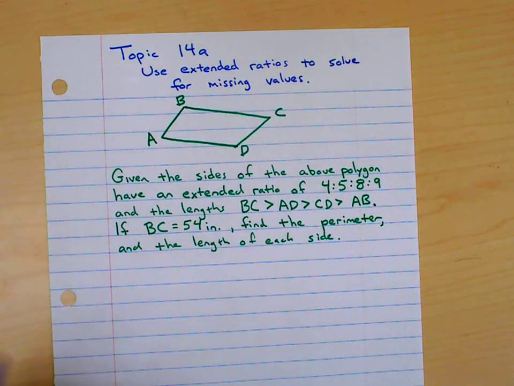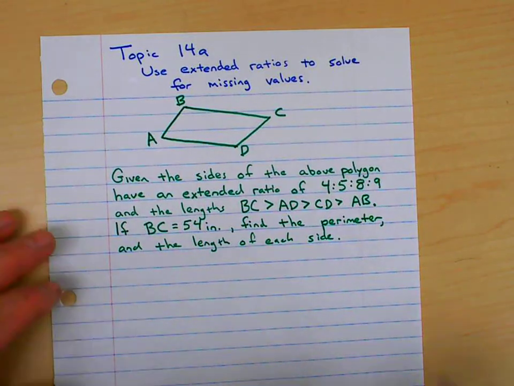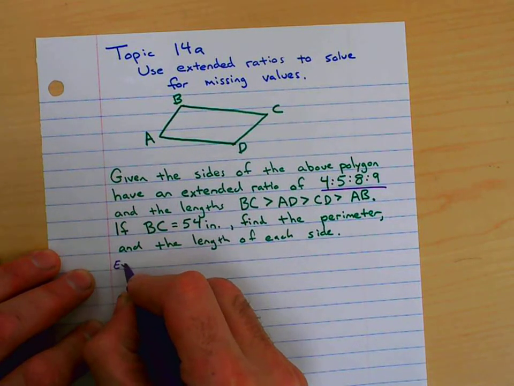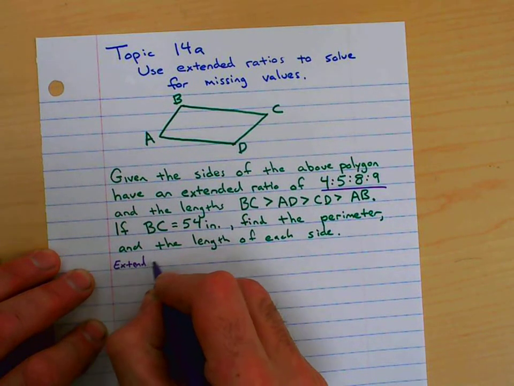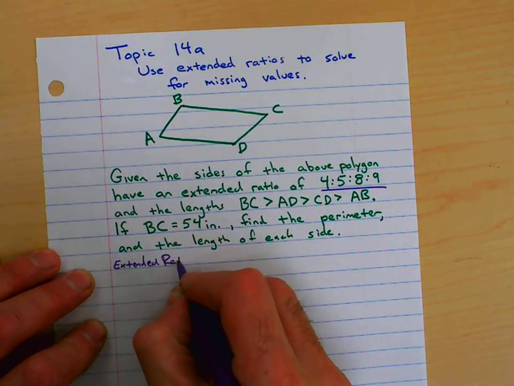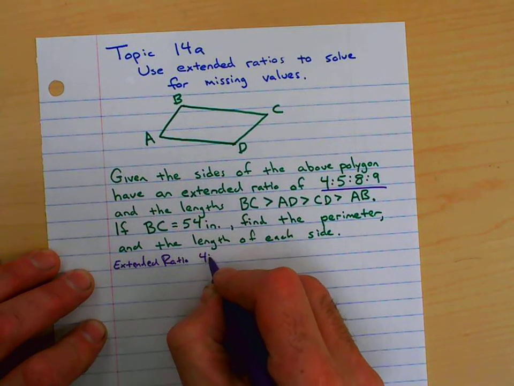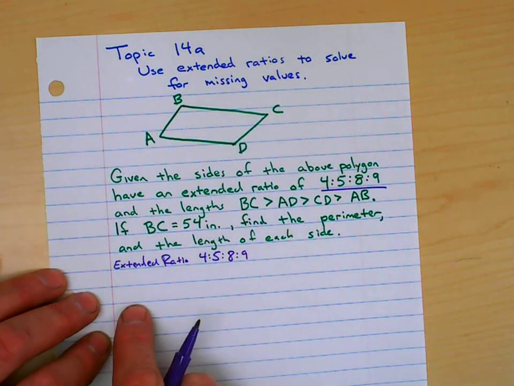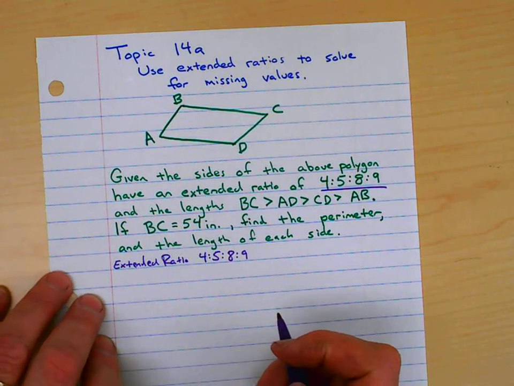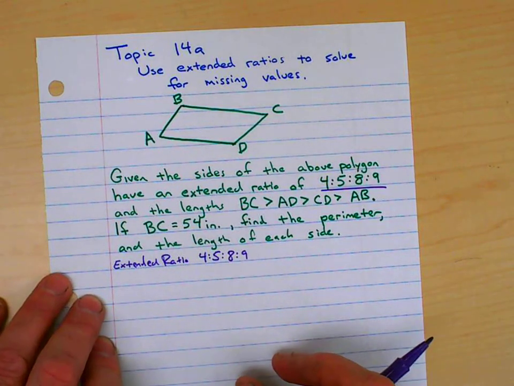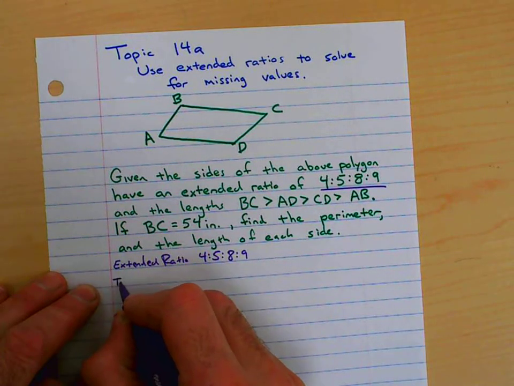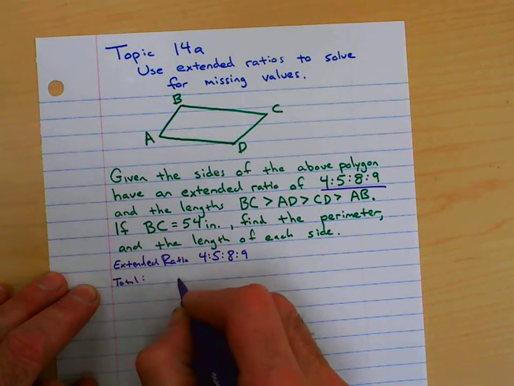We said the extended ratio is 4, 5, 8, 9. That's the first thing we want to take note of. The next step is really what is the total length, so what's the total of this, the perimeter.